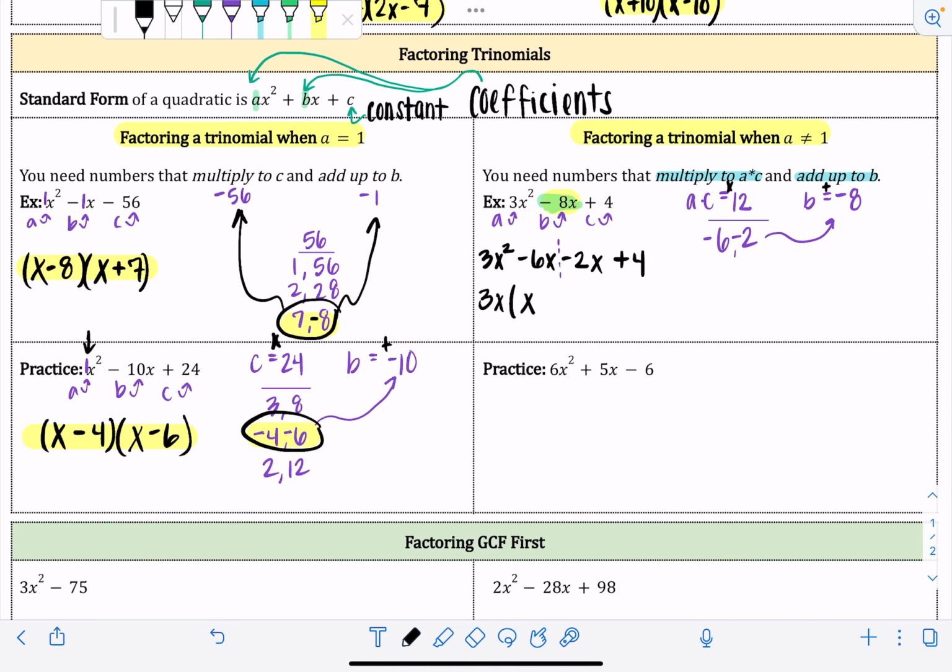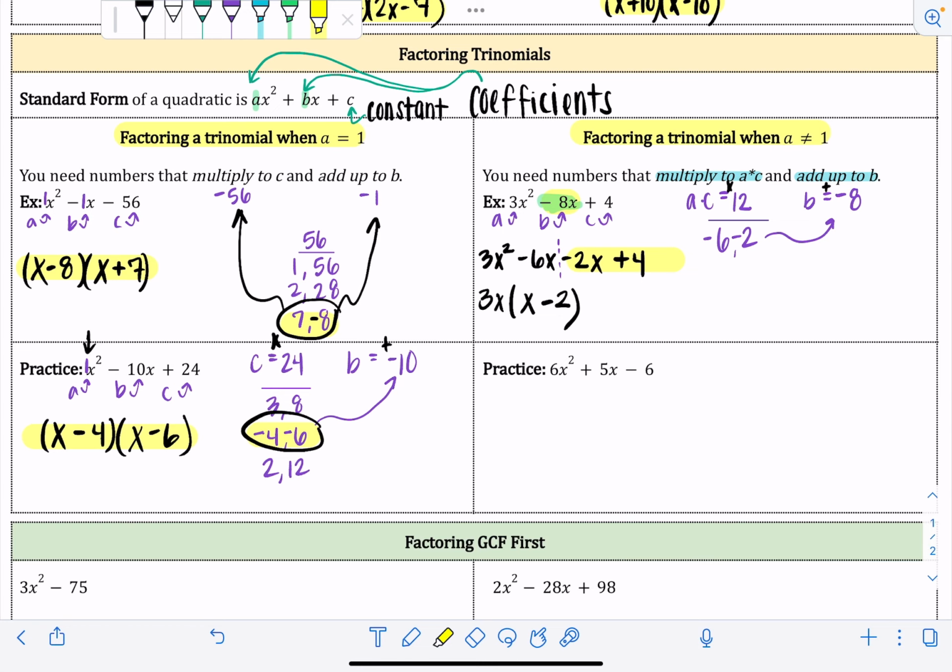And 3x times what would bring me back to the minus 6x? I would have to multiply by a negative 2. You can always check by distributing in your head. 3x times x becomes 3x squared, and 3x times negative 2 becomes minus 6x. So we're all good. Then we're going to repeat that process with the second half of the expression.